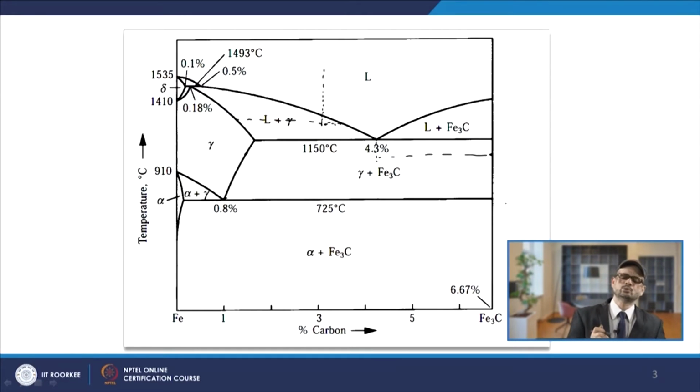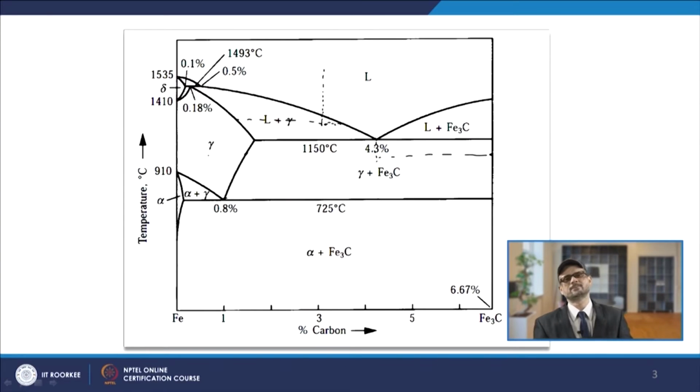Coming further to the higher temperature zone, you can see one constant temperature line. There is another invariant reaction taking place here. This zone is the liquid plus delta zone, and at this point the liquid plus delta gives you the formation of the gamma phase.